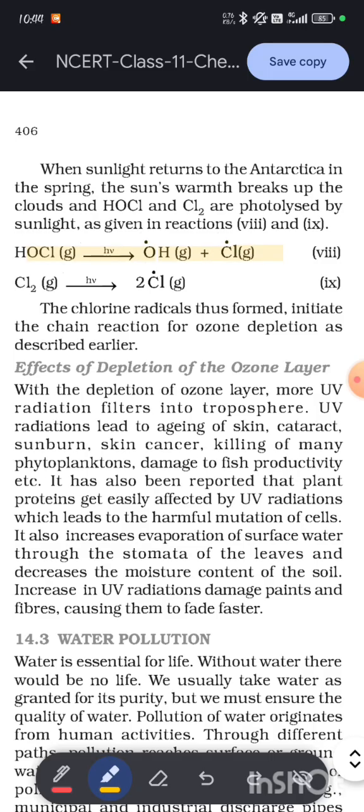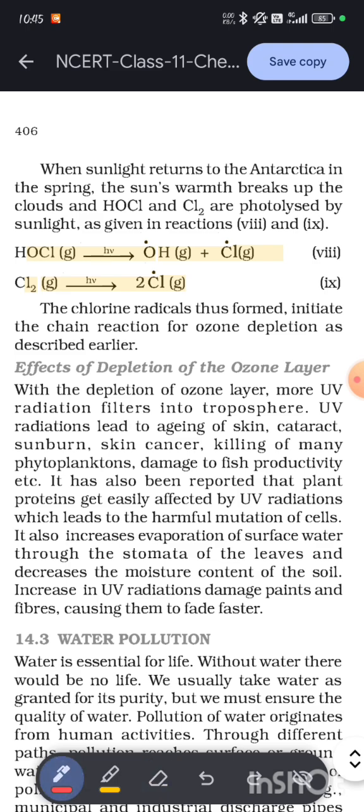The reaction is HOCl in the presence of hν gives OH + Cl, and the second reaction is Cl2 in the presence of hν gives 2Cl. The chlorine radicals thus formed initiate the chain reaction for ozone depletion as described earlier.